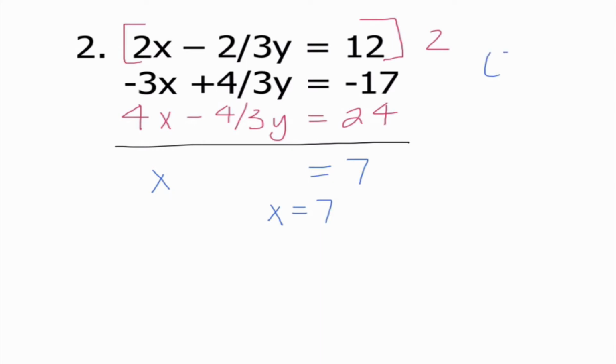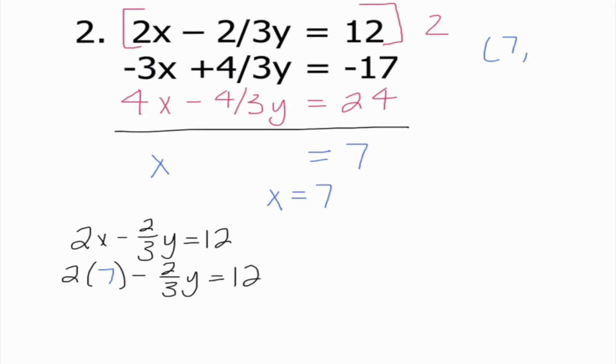So I'm going to go ahead and write 7 in my ordered pair. Now I can choose either one of these two original equations. It doesn't matter. I'm just going to use the first one. So I'm just going to rewrite 2x minus 2/3 y equals 12. And I'm going to substitute 7 in for x.